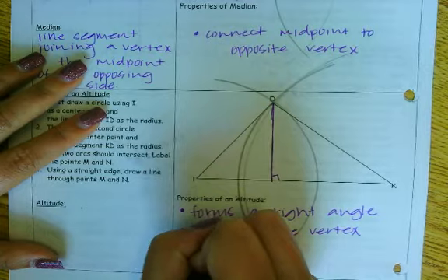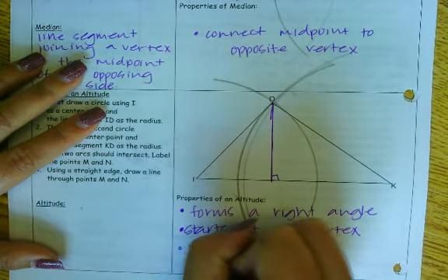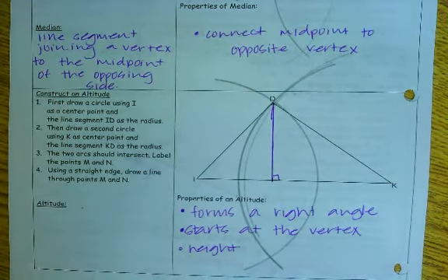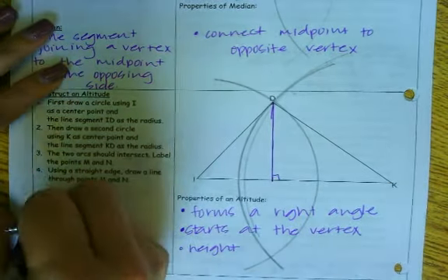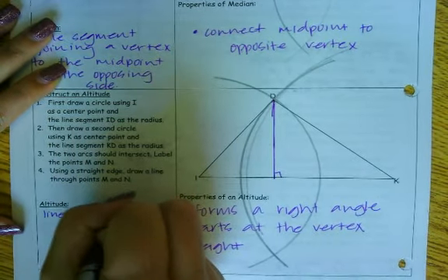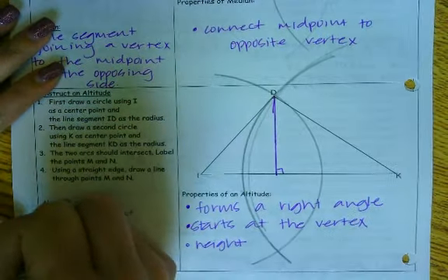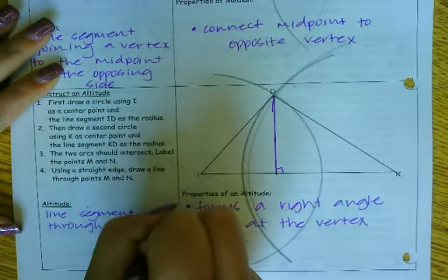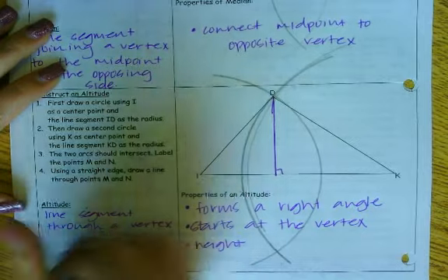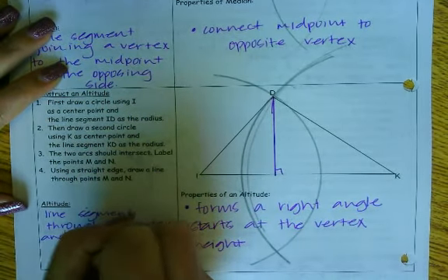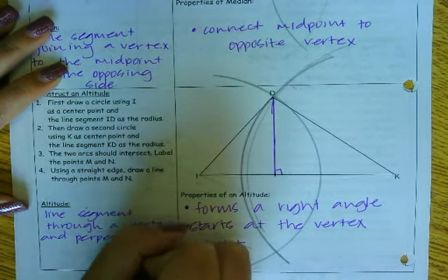It represents the height of our triangle. Okay, our definition is a line segment through a vertex and perpendicular to the opposite side.